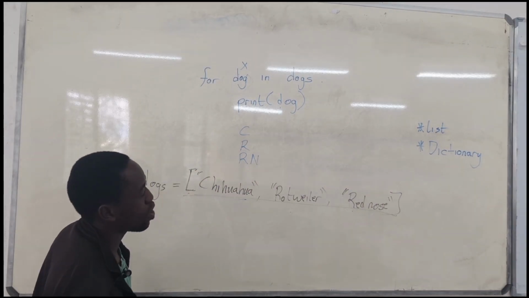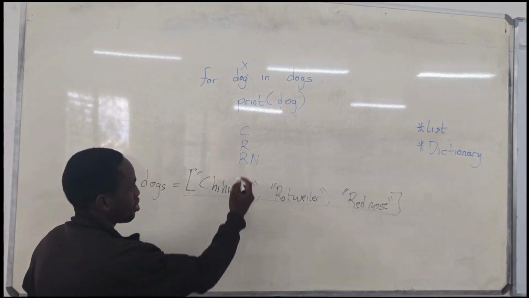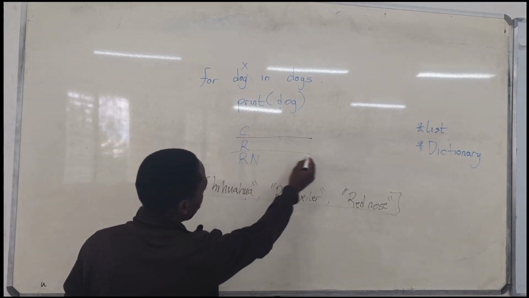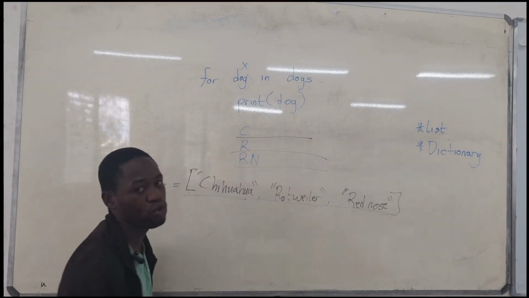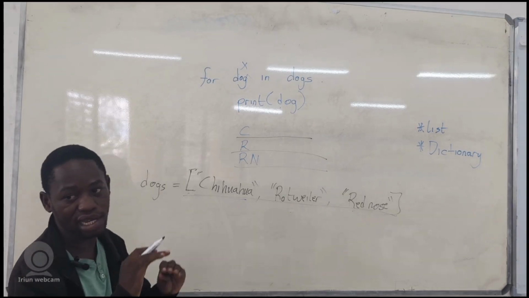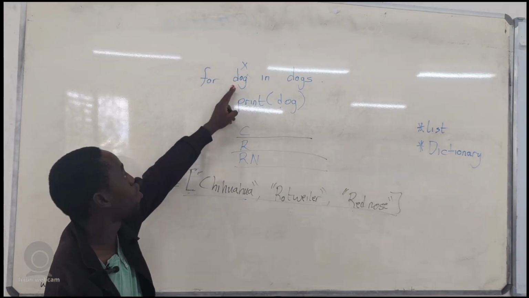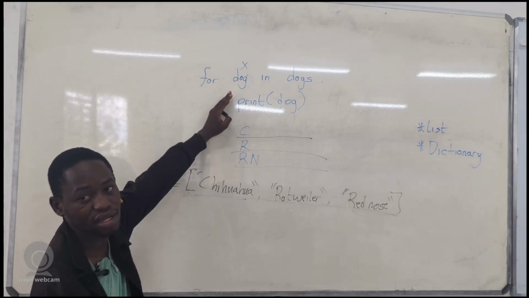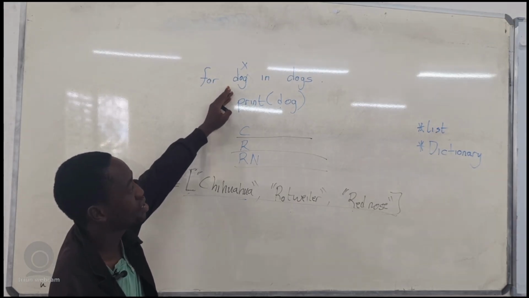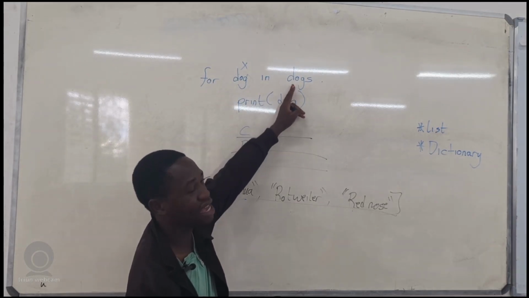Yes, but you want it to print Chihuahua, Rottweiler, and the red nose, right? On separate lines. So you create a counter dog or whatever you name it, and then that counter will be checking against this.